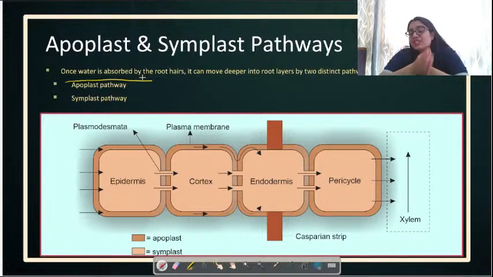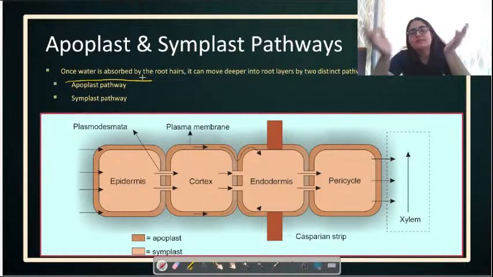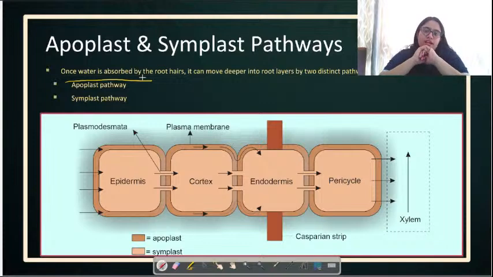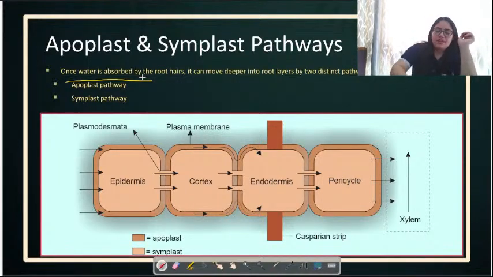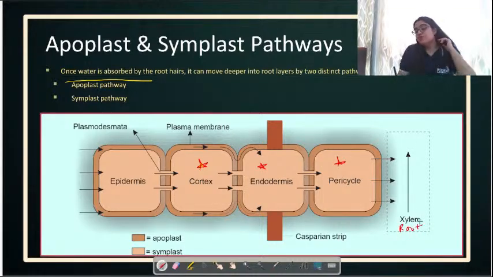So from epidermis to the root xylem, there are several layers of cells present. Water needs to cross these several layers from epidermis in order to reach the root xylem, where the water needs to be accumulated so that it can be transported to the stem xylem and then to the leaf xylem. So from epidermis there is cortex, then endodermis, pericycle, and then finally you get the root xylem.